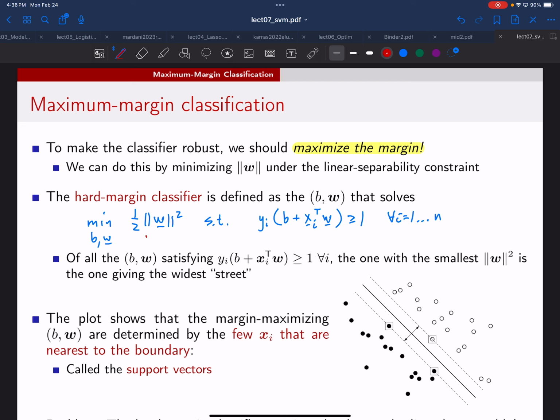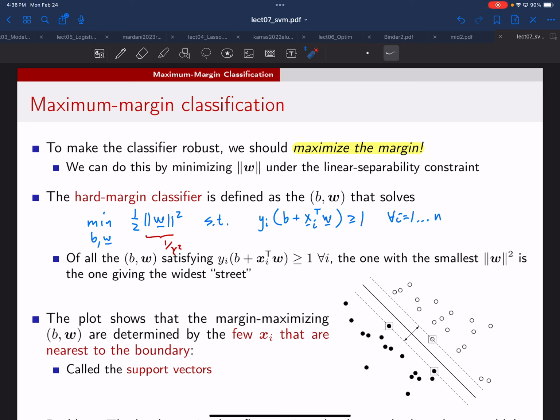Okay, so here we have basically 1 over gamma squared. The reason we're including the square on here is just because the math works out easier. If you minimize the square of something, that's equivalent to minimizing it without the square.